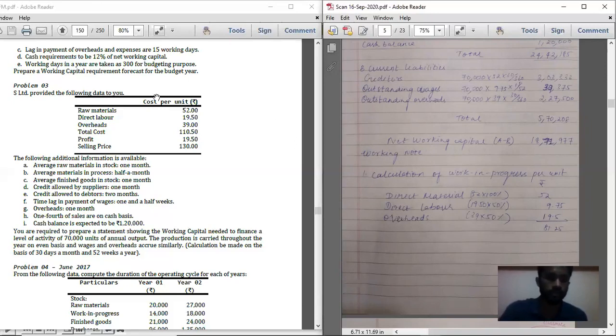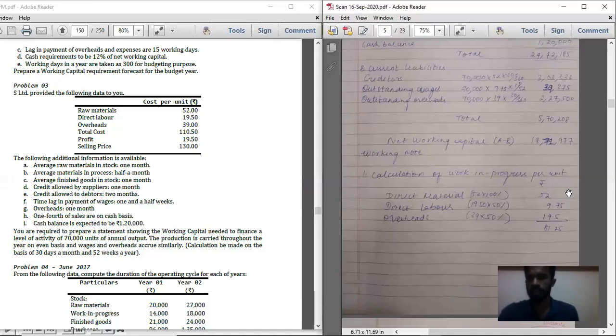So only three costs are there, no other cost. Total the amount column: 52 plus 9.75 plus 19.5. Total amount is 81.25.